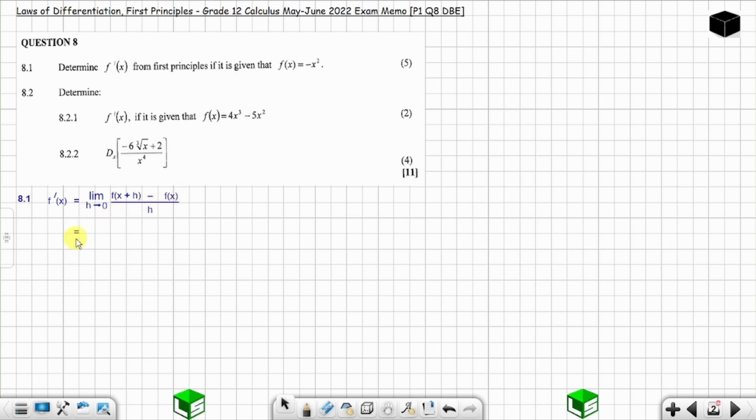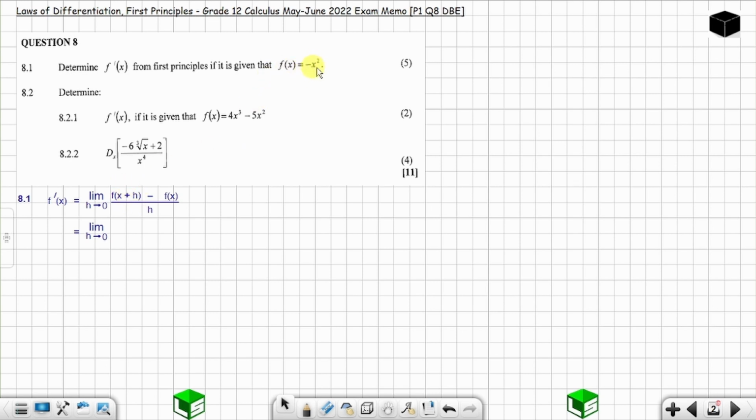This is equal to the limit as h goes to 0. So we start with f of x plus h. You substitute, wherever you see x, you put x plus h. So we start with this first.